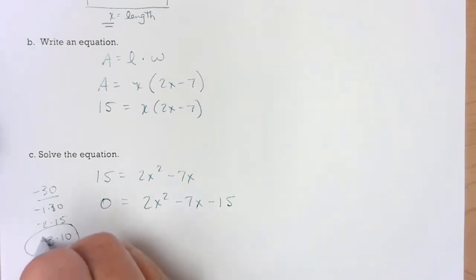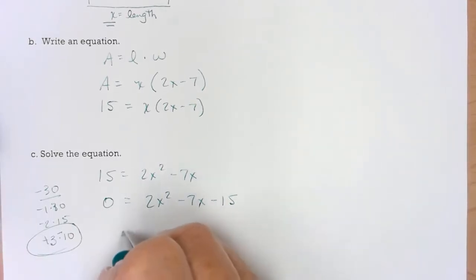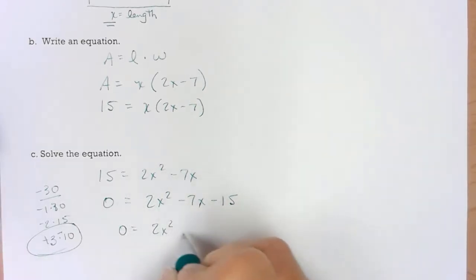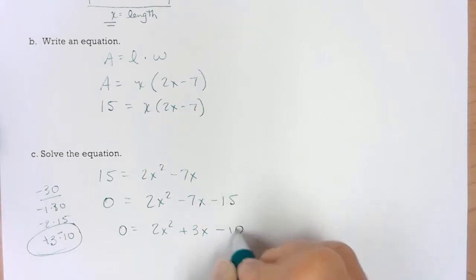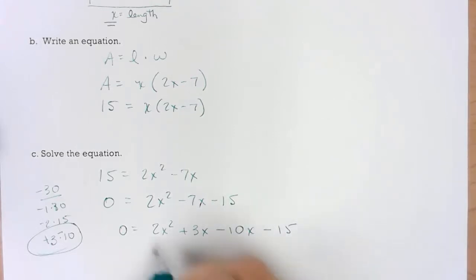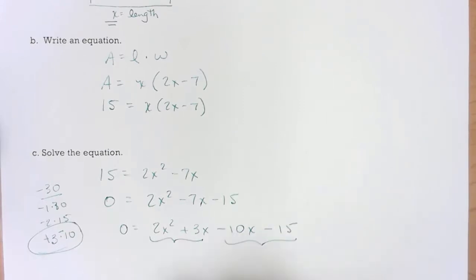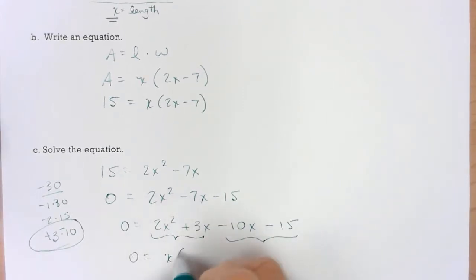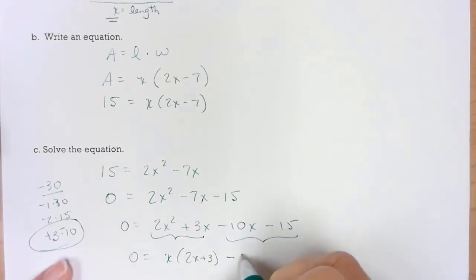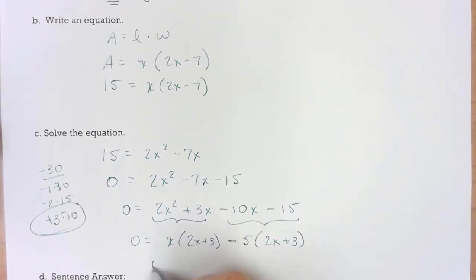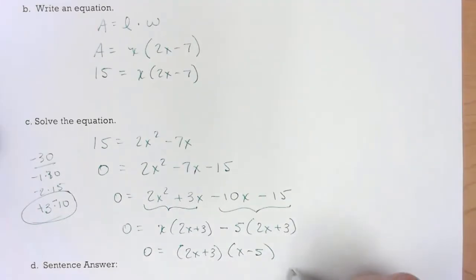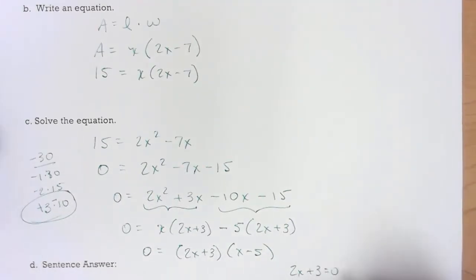That's the pairing I need, except my signs need to be opposite. Set them individually equal to 0.